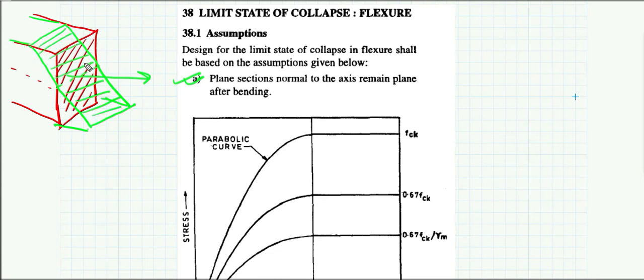There will be no deformation. Generally we can find some deformation after bending, that is due to shear. But in our assumption, we do not consider the shear effect. That is why we are assuming here that a plane section before bending remains plane after bending.